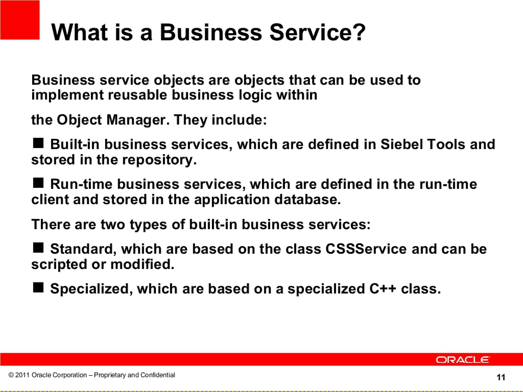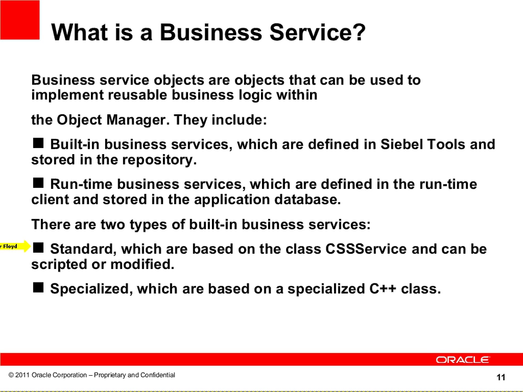There are 2 different kinds: ones that you write, and ones that are vanilla. When you go and look at the business services in Tools, there are hundreds of business services that have been written by Siebel and are used by Siebel. Then you can also write your own using the CSSService class, and these will be customized business services. Both of these kinds are compiled into the SRF and stored in the repository.